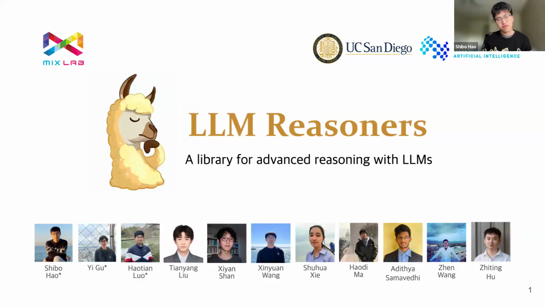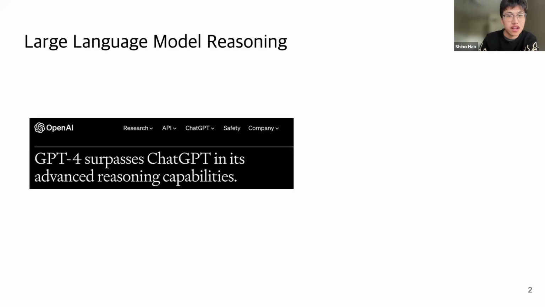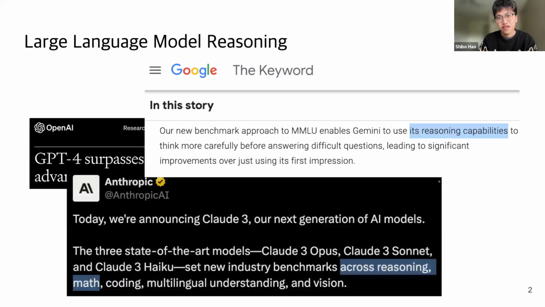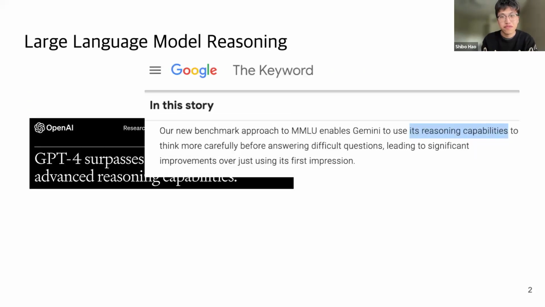This library is a collaborative effort by many members of our group, Mix Lab at UCSD, over the past few months. Let's get started. Nowadays, I think it's a consensus that reasoning has become a pivotal ability of LLMs. For the past year, every time a new LLM is released, the authors claim that the new model has better reasoning ability than the previous ones.